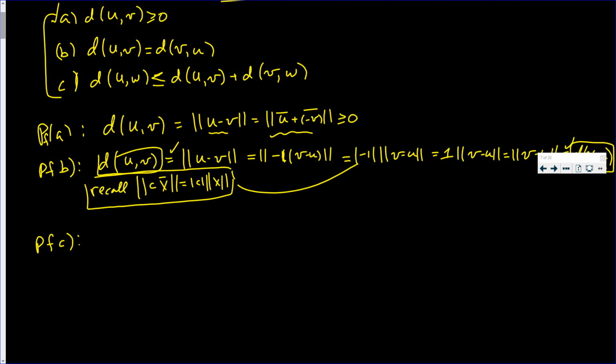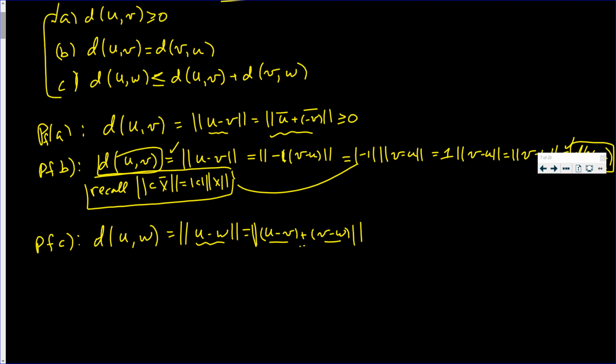The proof for C. Well, the distance d of u comma w is the length of u minus w. But u minus w is the same as u minus v plus v minus w. This is one vector, that's another vector, and the sum of those vectors is u minus w.